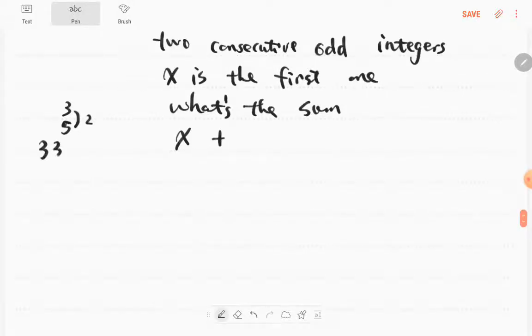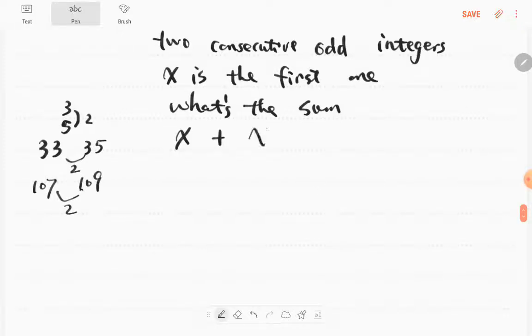Or you can see 33, 35 is still 2. 107, 109, the difference is still 2. So we will know the difference between two consecutive odd numbers is 2. Then if x is the first one, we only need to add x plus 2 to get the next odd number. So we will get 2x plus 2 will be our sum.